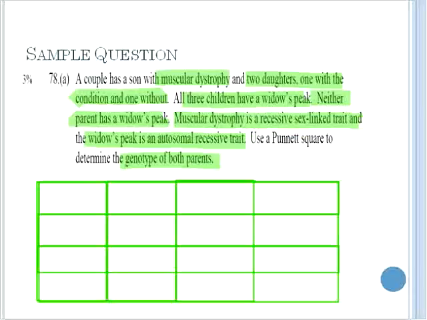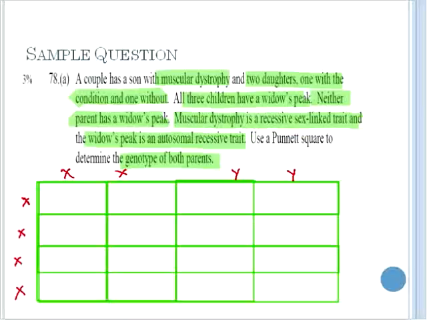So to show a sex-linked trait, we'll write the male up top, female down the side. The male has muscular dystrophy.